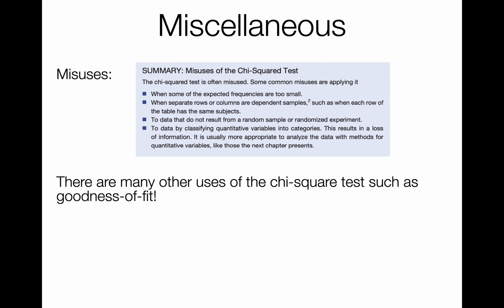Also, not on the misuse part, but the chi-square test does other things. This whole way of thinking about testing not only works for testing independence, but it also tests many other things. Another very popular one is called goodness of fit. There's another test for association.